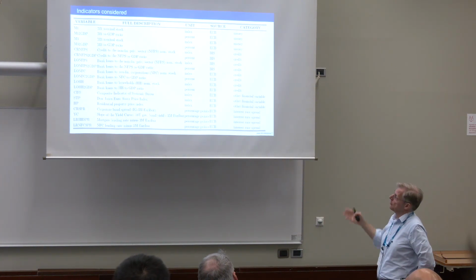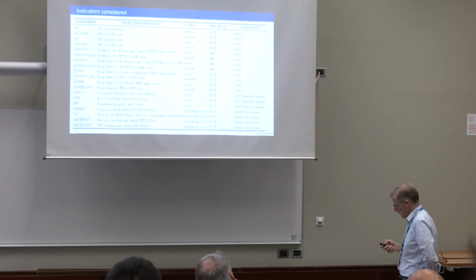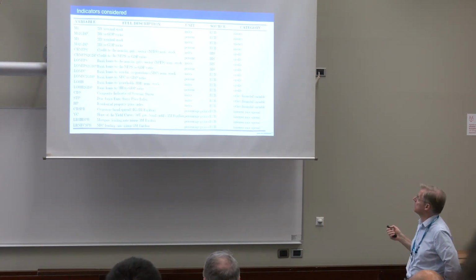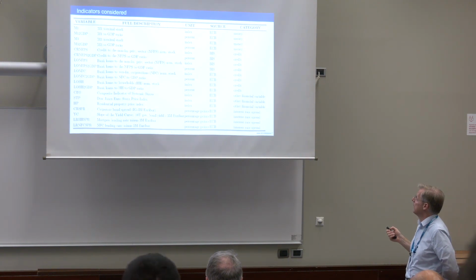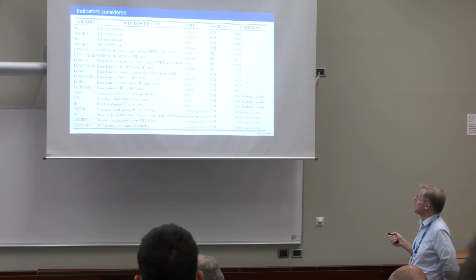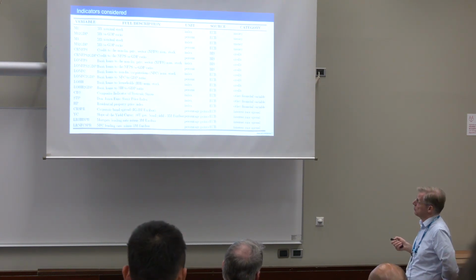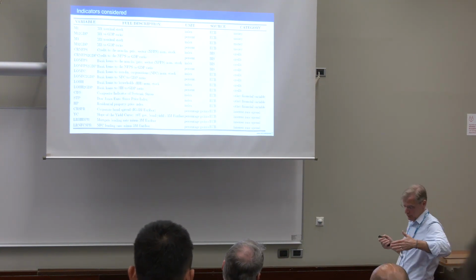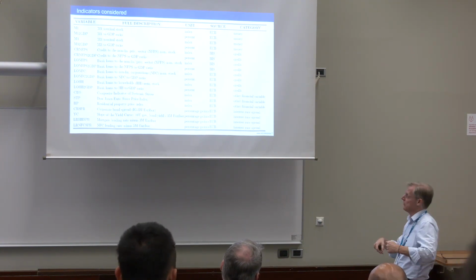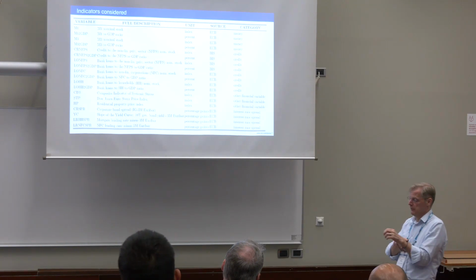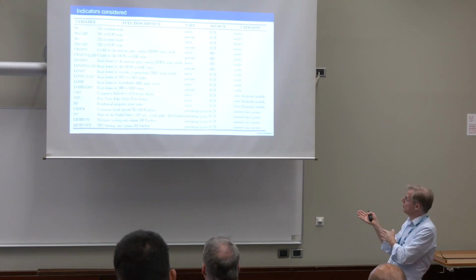Just to very quickly show you which financial indicators we consider. As mentioned, there are both narrow and broad money, different types of credit volumes, loans to non-financial corporations, loans to households, the sum of the two, and total credit, which also includes corporate bonds issued by non-financial corporations. We look at this both in terms of growth rates and in ratios to GDP.